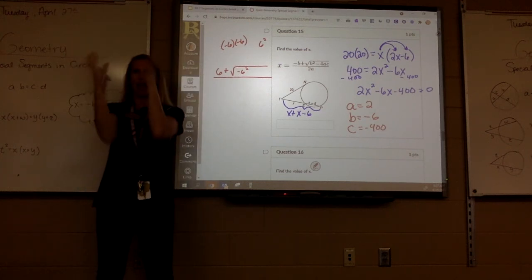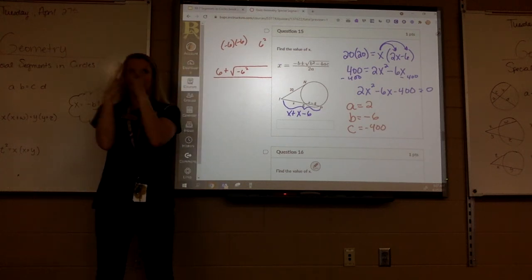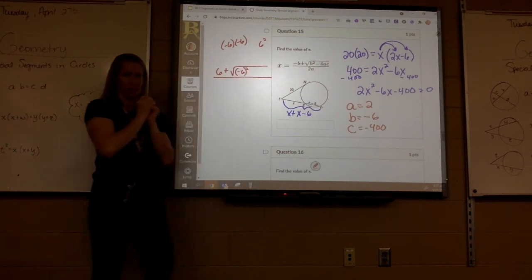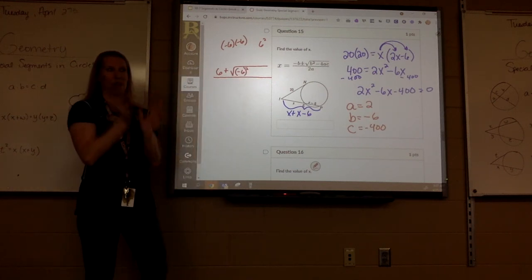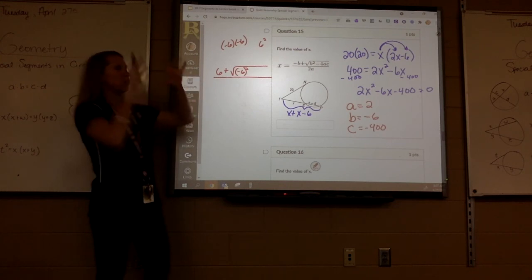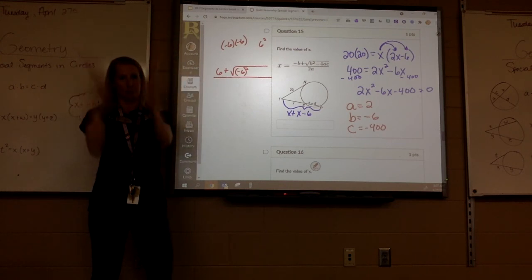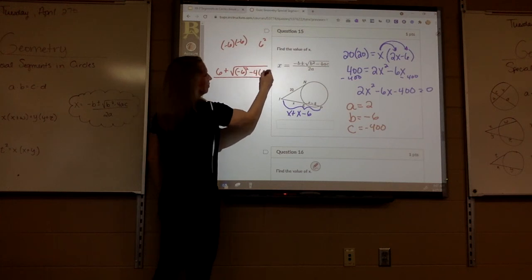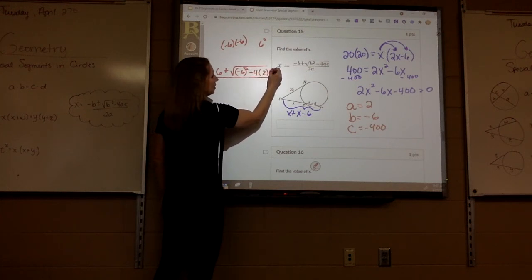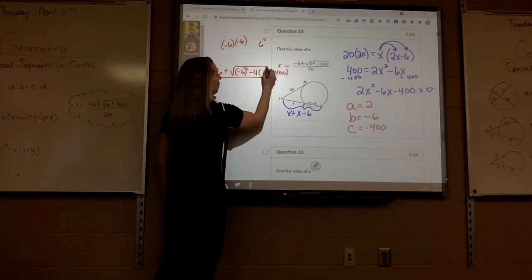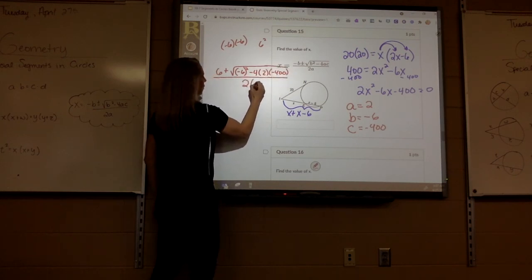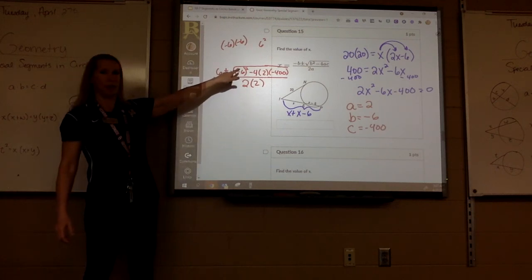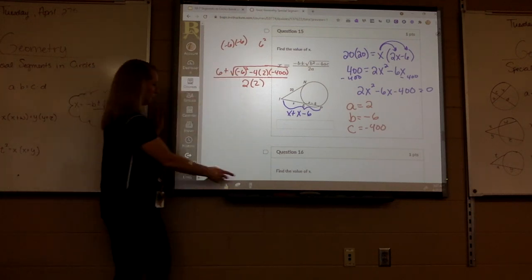It's got to take the actual b times itself. So you're going to have to put the negative 6 in parentheses for it to get the correct answer. And then minus 4 times a times c, which is negative 400, all over 2a.